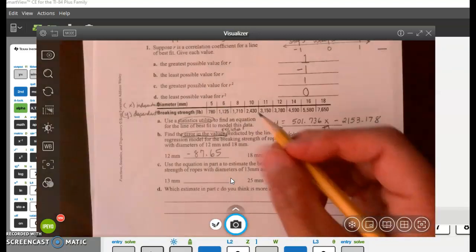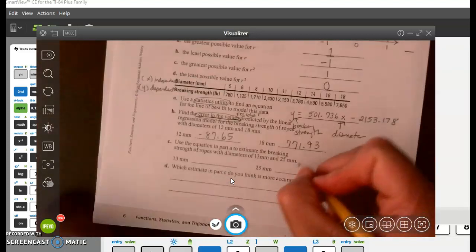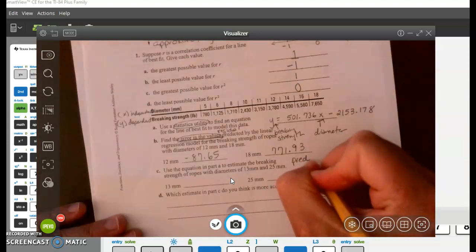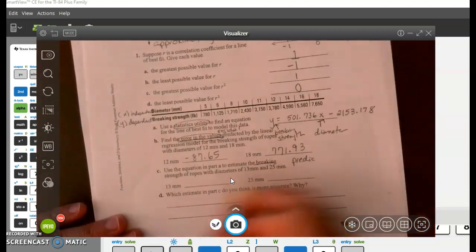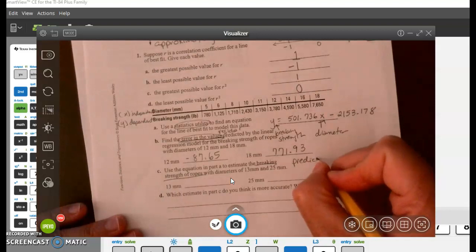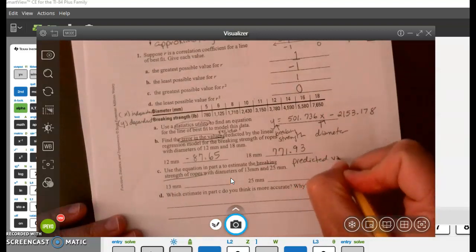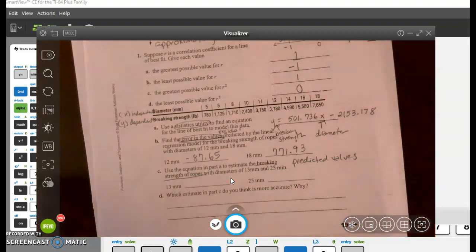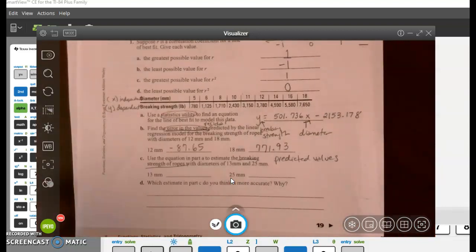So these are predicted values, and I want the predicted values for 13 and for 25. Now this is not going to be in my table, because I don't have a 13 or a 25.